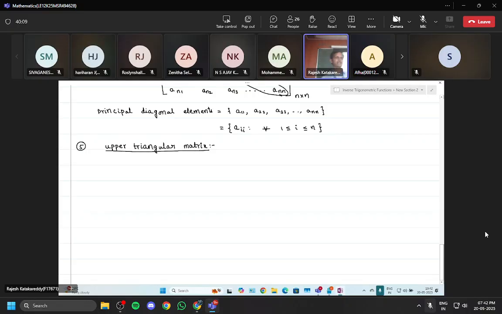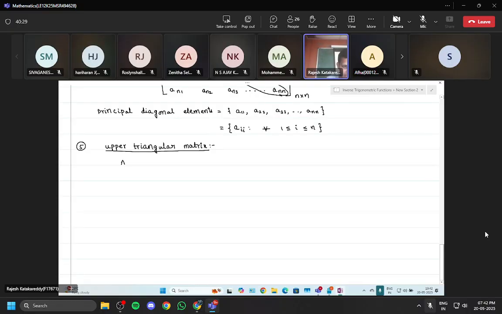See upper triangular matrix, listen carefully. Before it, it should be a square matrix. A rectangular matrix cannot be an upper triangular matrix. In a rectangular matrix, we don't have a principal diagonal. Am I clear? Principal diagonal is only for a square matrix, right?